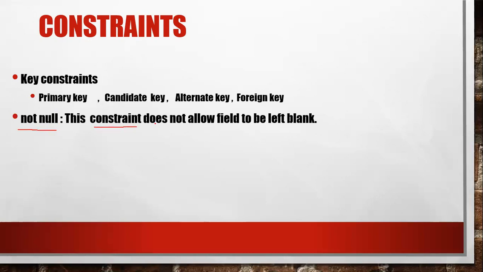This constraint does not allow the field to be left blank. While entering the record, you can't leave empty the field on which we have put the not null constraint.